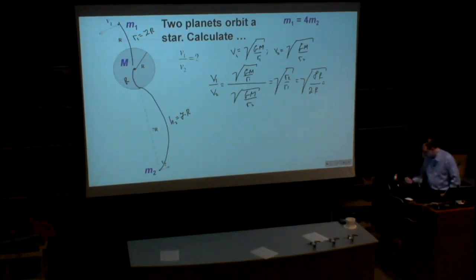Square root of 4, 2. So the first satellite will be traveling twice faster than the second one. Well, natural. It takes more time for the second to travel a longer distance about the same planet.